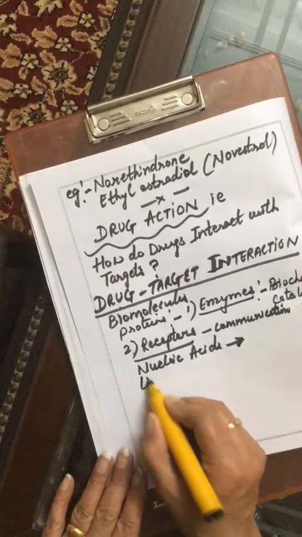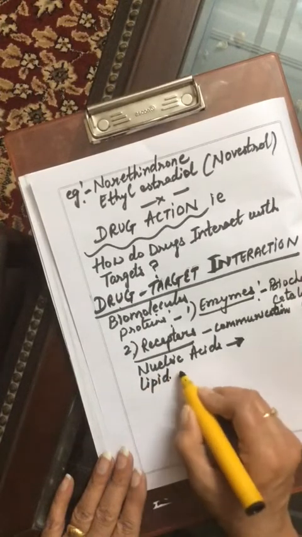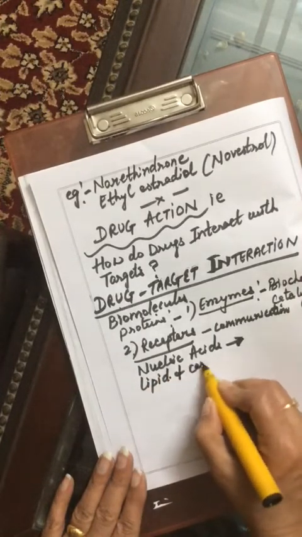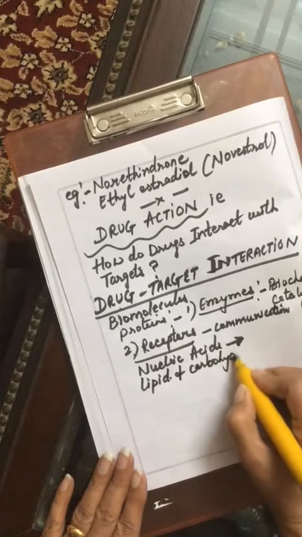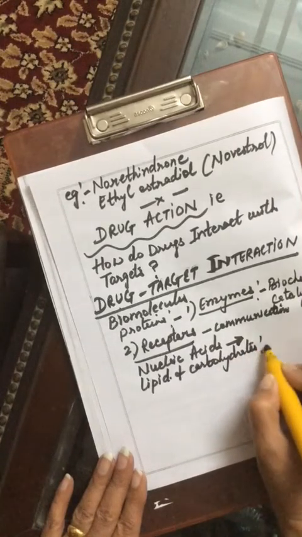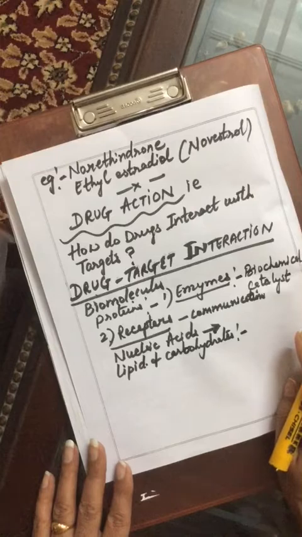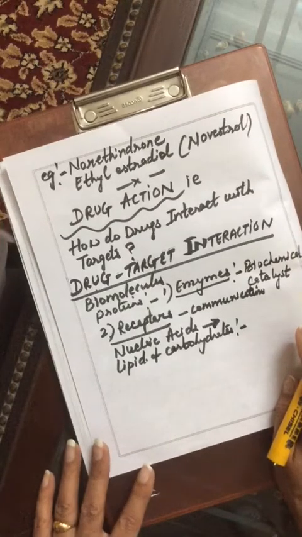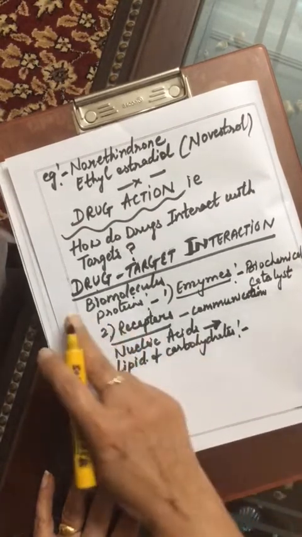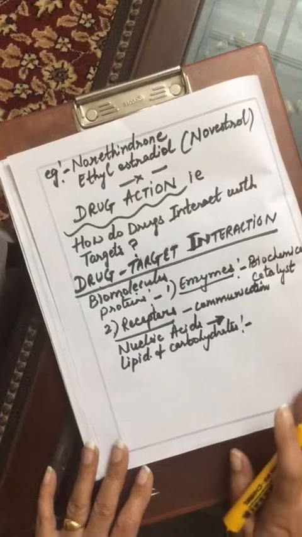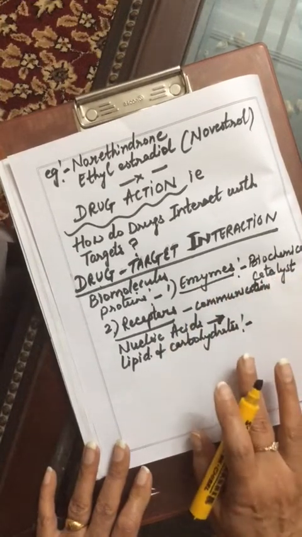After nucleic acids, other examples are lipids and carbohydrates. Their function is to form the structural part of the cell. The cell is made up of lipids and carbohydrates. So I have given you some examples of biomolecules with their functions.